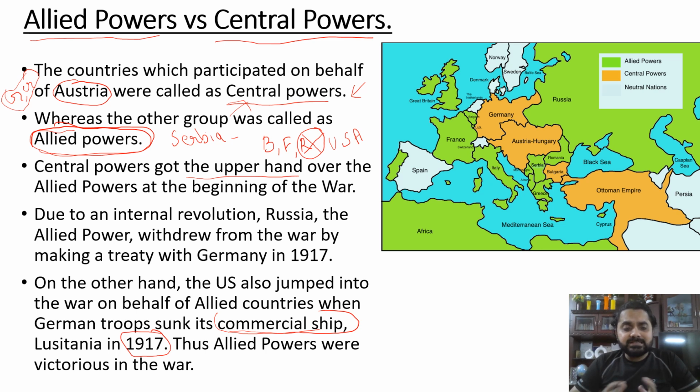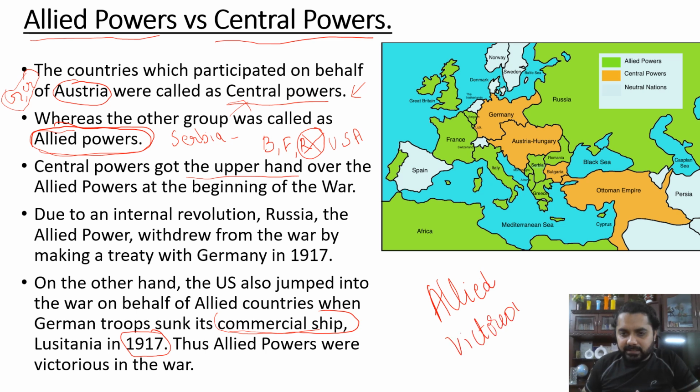Now, what is the result of World War One? Did the elite powers win, or did the central powers win? So here you have to remember that the elite powers became victorious. Okay, the elite powers became victorious. So now what are the elite powers?